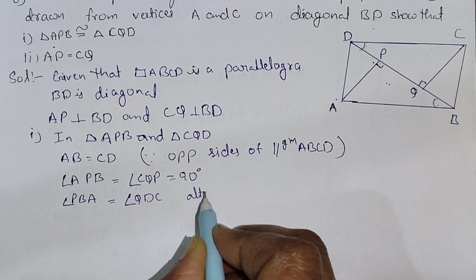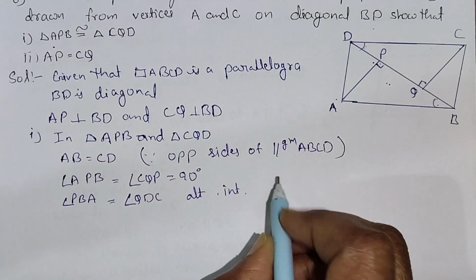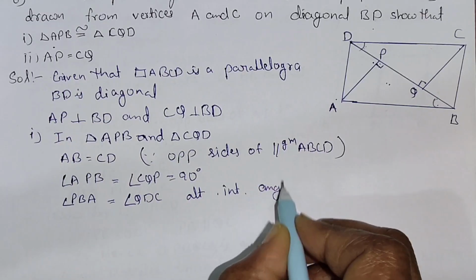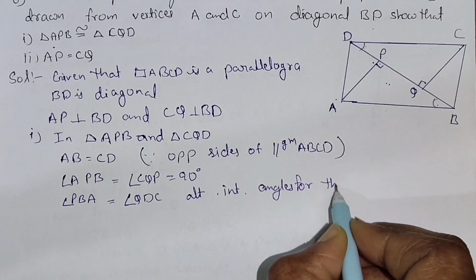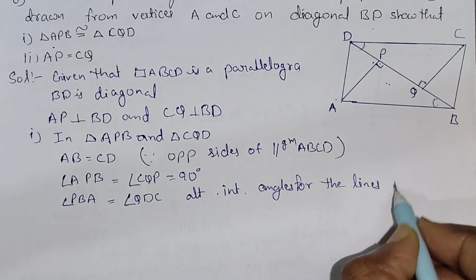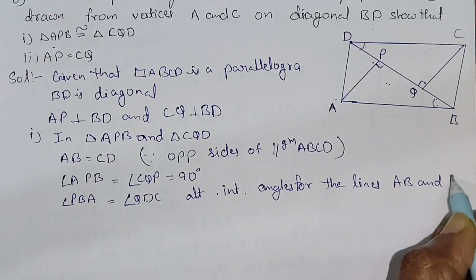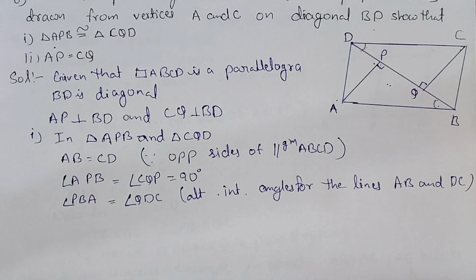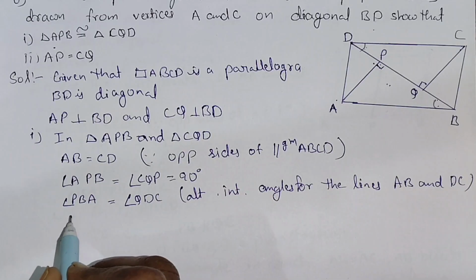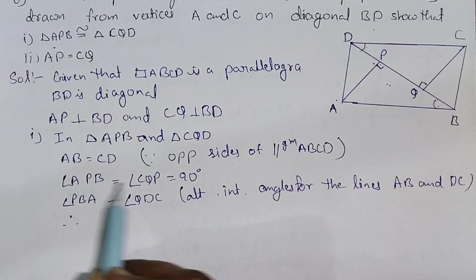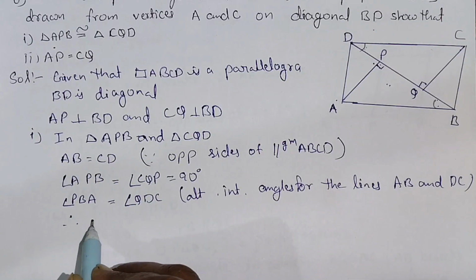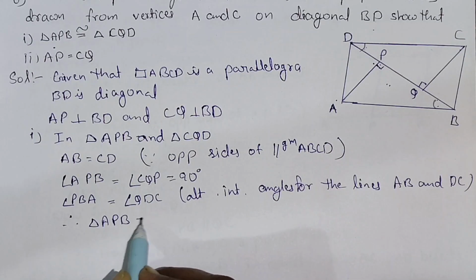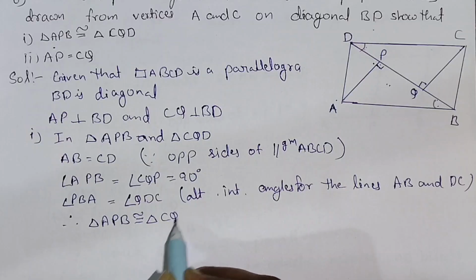These are the alternate interior angles for the lines AB and DC. So one pair of sides and two pairs of angles are equal, so triangle APB is congruent to triangle CQD.